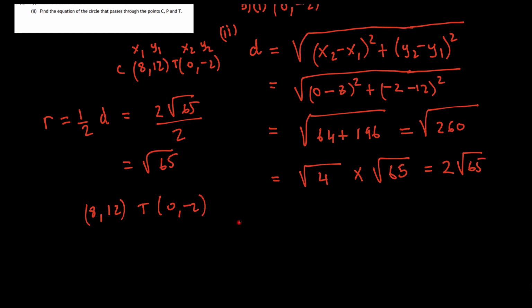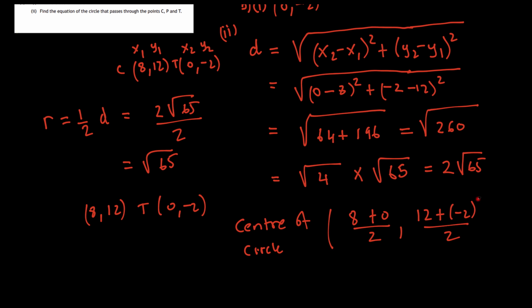The center of the circle would simply be the midpoint: 8 plus 0 divided by 2, and 12 plus minus 2 divided by 2. So the center would be 4, and 12 plus minus 2 is 10, and 10 divided by 2 is 5.